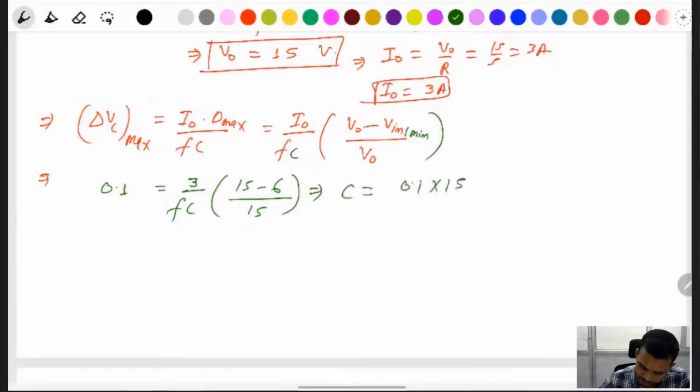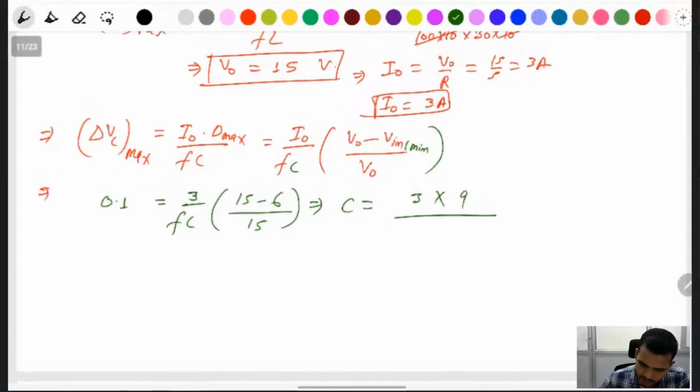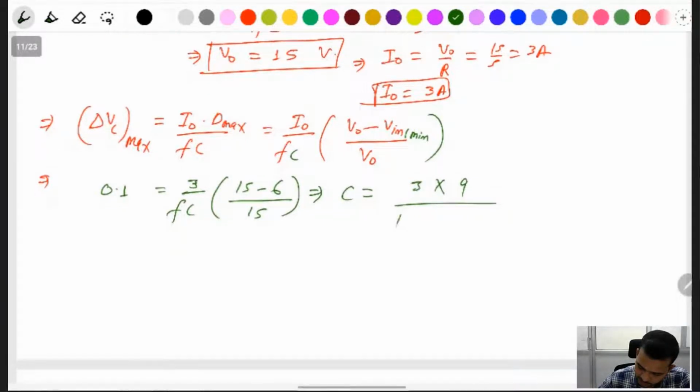Find the C value: 3 into 9 divided by frequency 100 kilohertz into 0.1 into 15, so C is 180 microfarad.